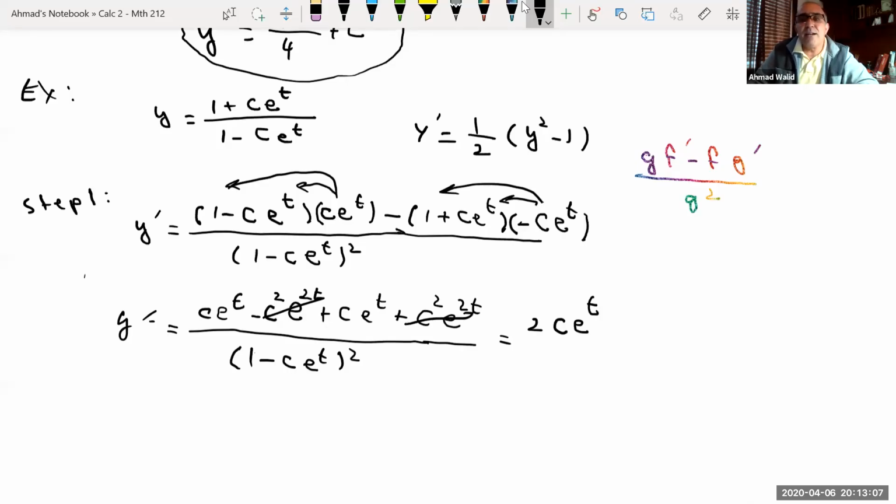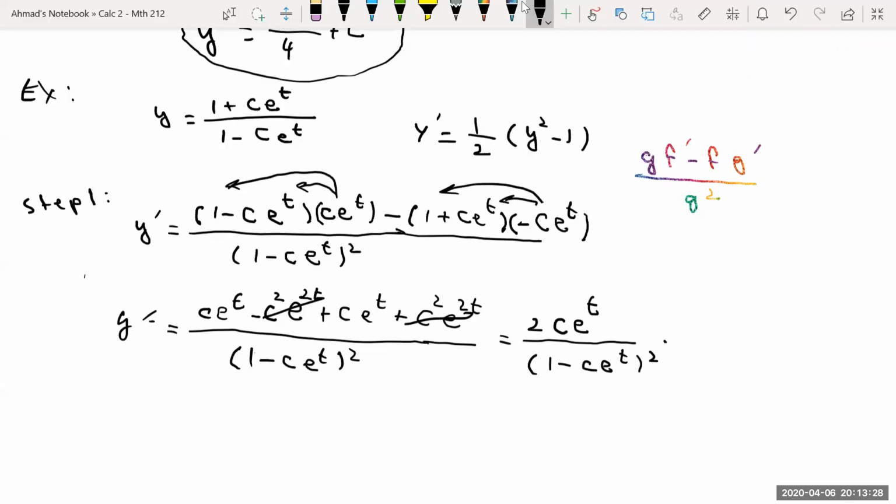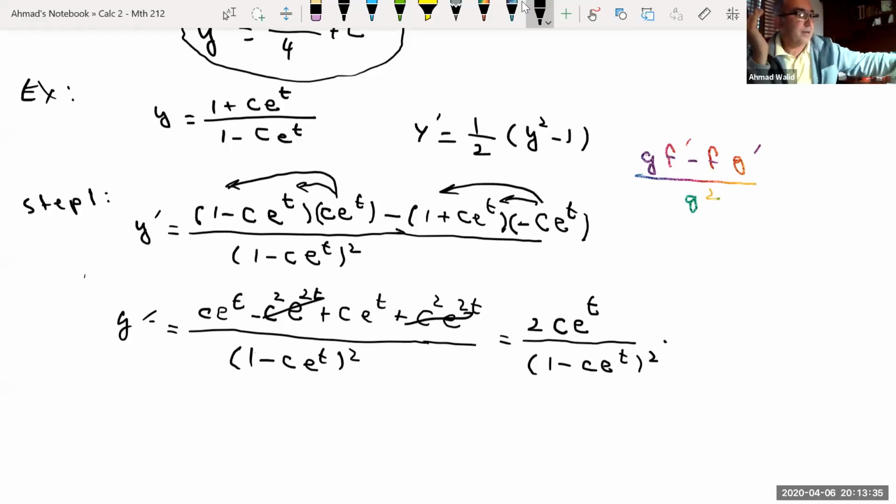Then my answer is 2CE to the power of t over 1 minus CE to the power of t squared. Any question up to this step? No, no question.